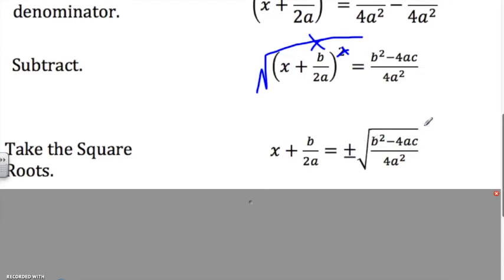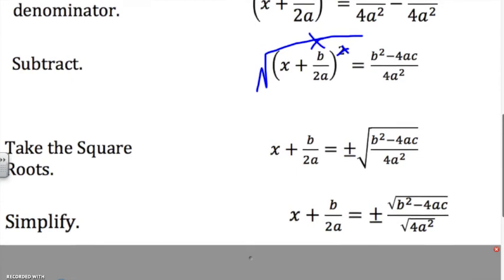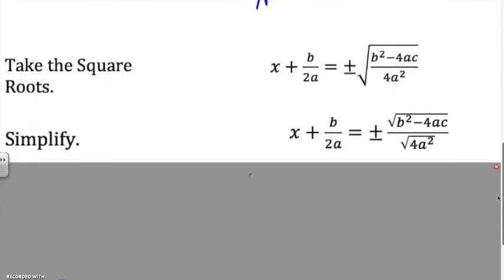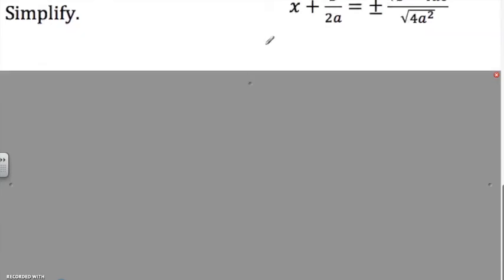Now I'm going to have to simplify a little bit. I can take the square root and break it into the top and the bottom. So I'm going to put the square root on the top part and the square root on the bottom part, and that breaks that big square root into some pieces that are a little bit more manageable. I'm going to scroll down again. Now, I'm going to leave the left side the same still.